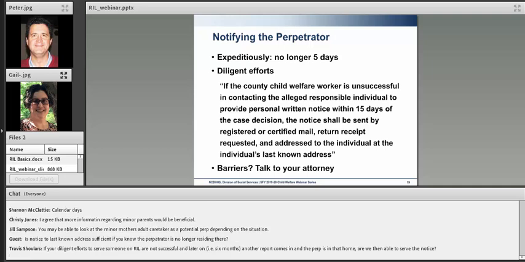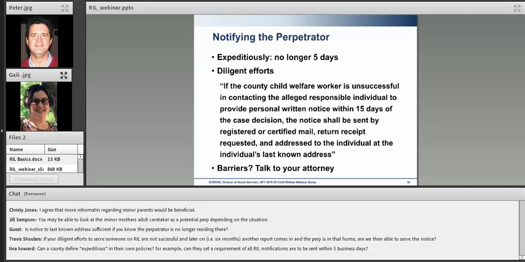Again, here's the place where you need to talk to your attorney if you are not sure how to locate this person, how to get them served. I think that's it. Anything I missed there, Peter?